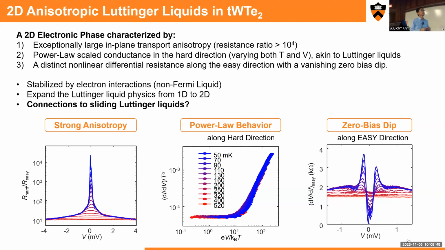found so far. And the question is, is there any connection to the sliding Luttinger liquid? And is this the real expansion from the one-dimensional Luttinger liquid to two dimensions? This is something that we are curious about. And if it is, what should we expect?